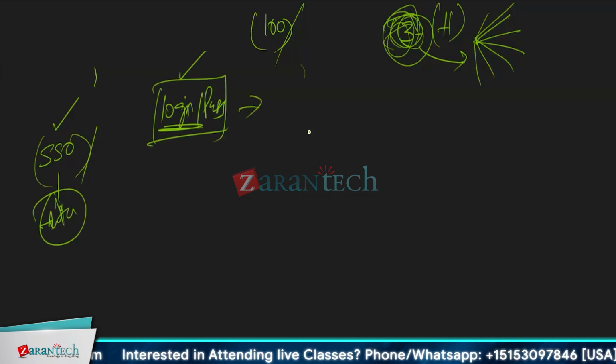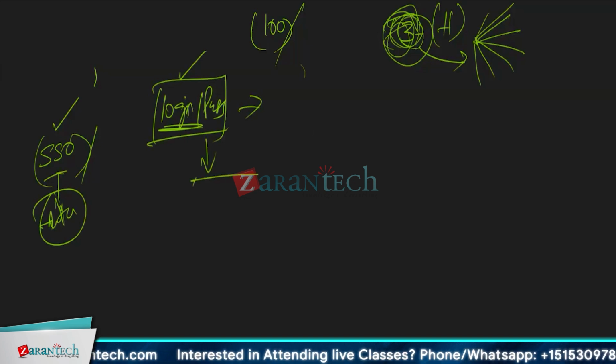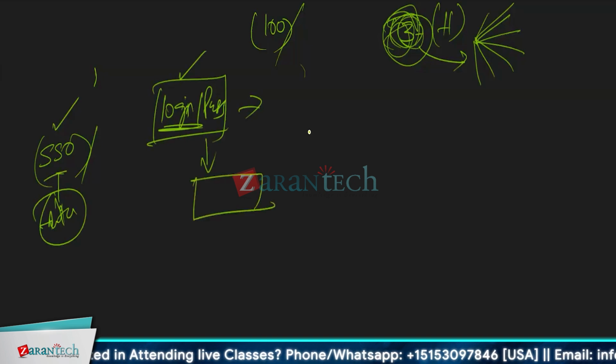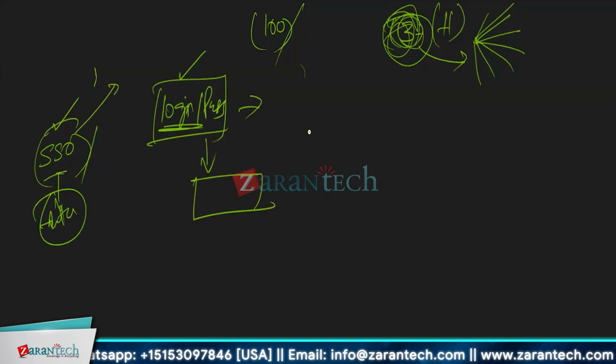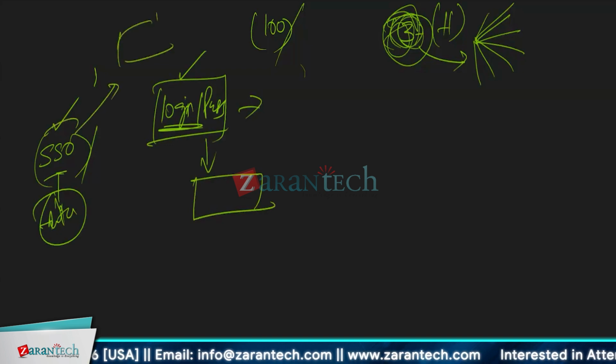When you are joining as a consultant to an organization, they will usually give you a login password. They will not give you SSO because they will not create any company email for you. Whenever you're using SSO, this SSO will be tied to a company server, right, where you will maintain all the credentials.